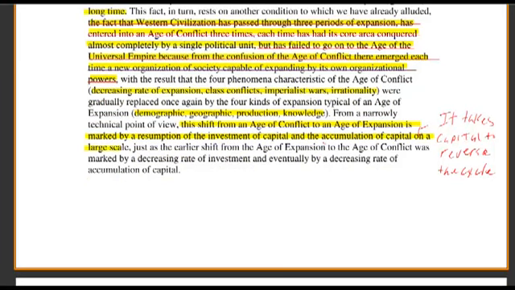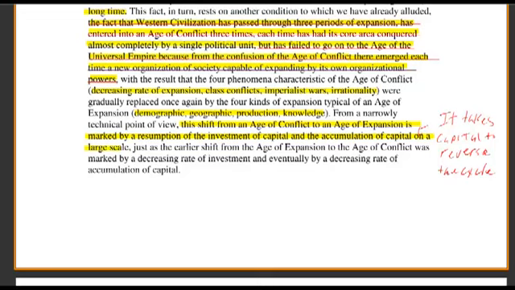The shift from the age of conflict to an age of expansion is marked by the resumption of investment of capital and accumulation of capital on a large scale. You can put that into money, you can put it into resources, you can put it into production. That's what it means.